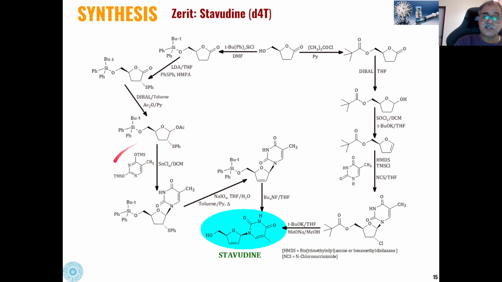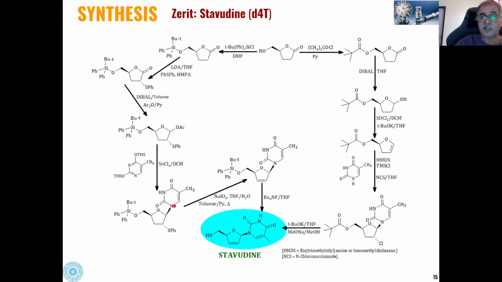Then this is reacted with this pyrimidine derivative, in the presence of SnCl4 in DCM, and the attack of this nitrogen at this carbon will take place with the removal of acetate ion, and we will get this type of pyrimidine derivative.